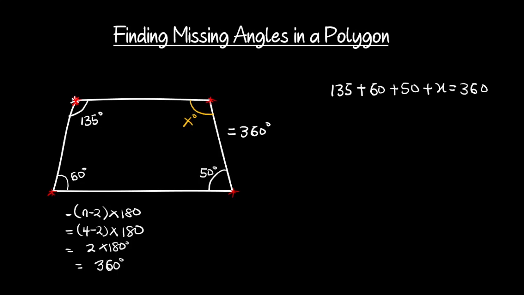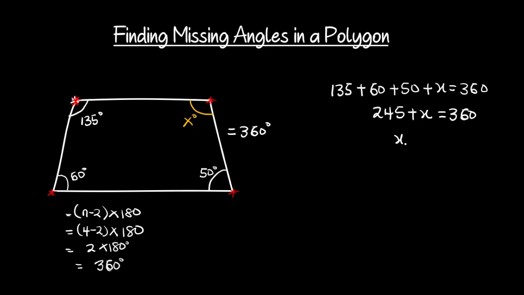If we add 135 plus 60 plus 50, we get 245. So 245 plus x is equal to 360.